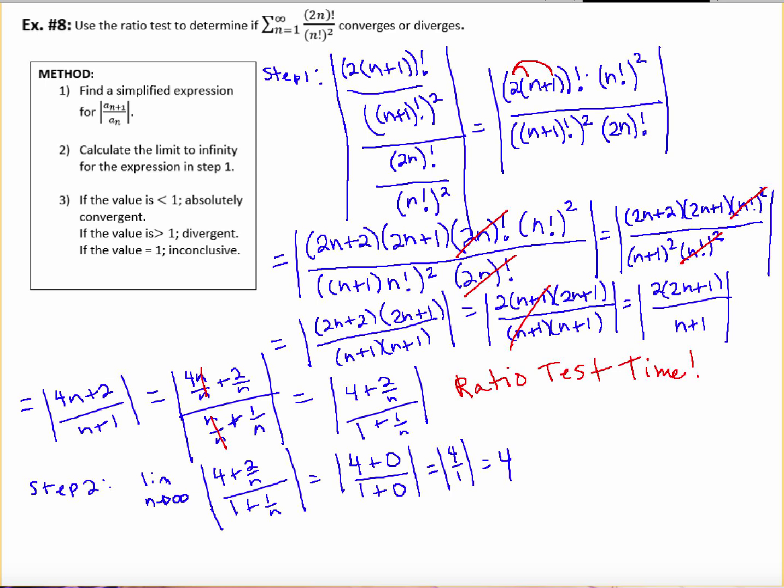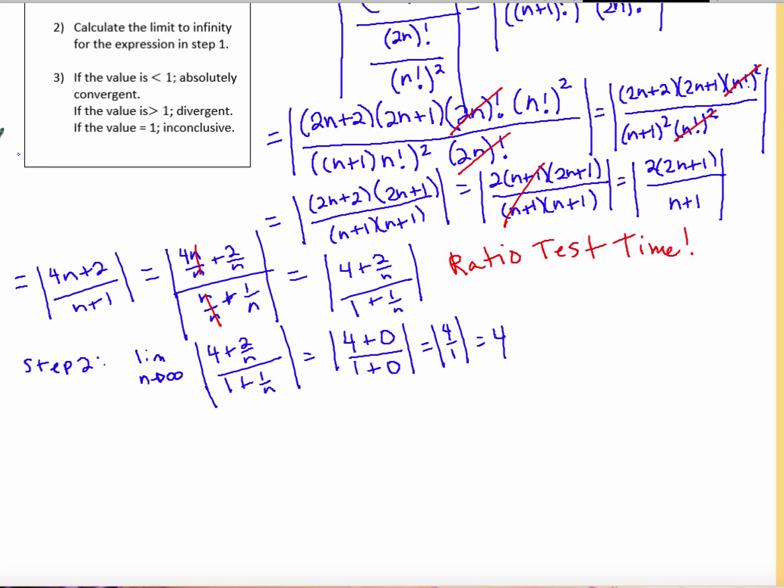Now it's time for step 3. Step 3 is where we compare it to 1. 4 compared to 1. Well, 4 is larger than 1. If this is the case, if the value that we get at the end after taking the limit is greater than 1, this tells us that it's divergent. So this series diverges.